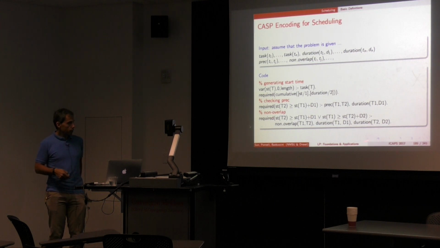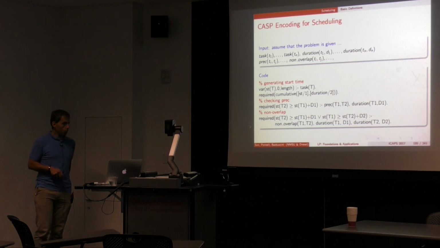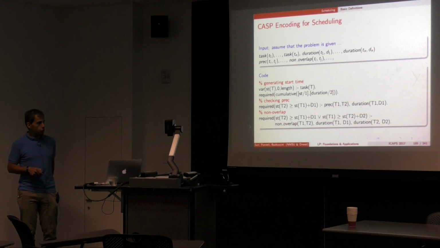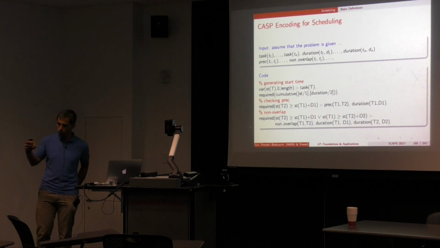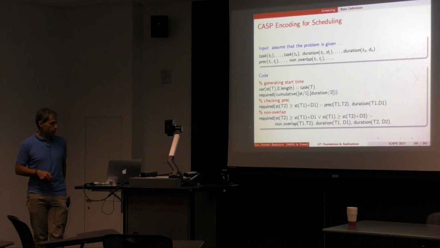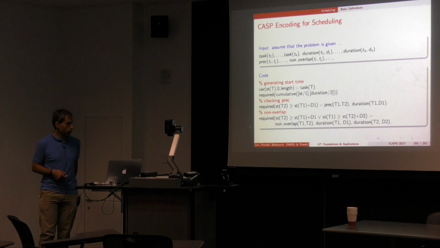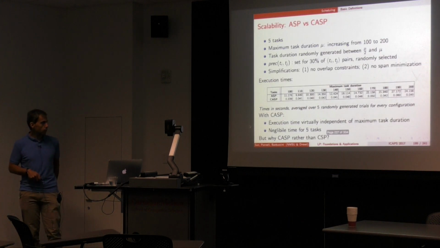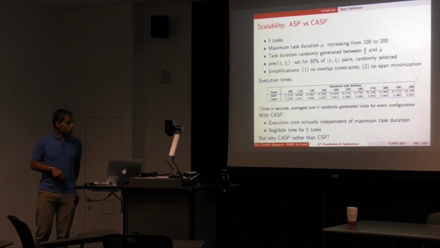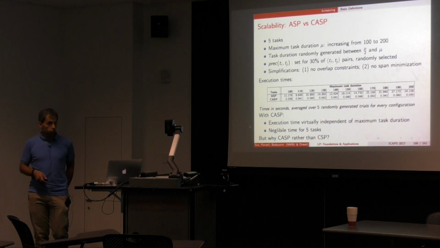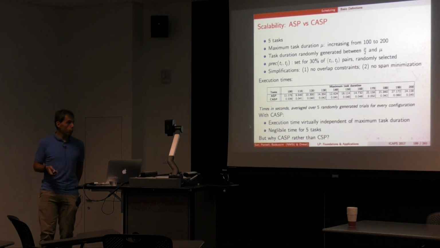Non-overlap is handled in a similar way. We use disjunction here, disjunction within the constraint satisfaction problem, which is supported by several constraint satisfaction languages and flavors of languages. And so if you take all that and you run it, you find something that's a lot closer to what we would have expected.